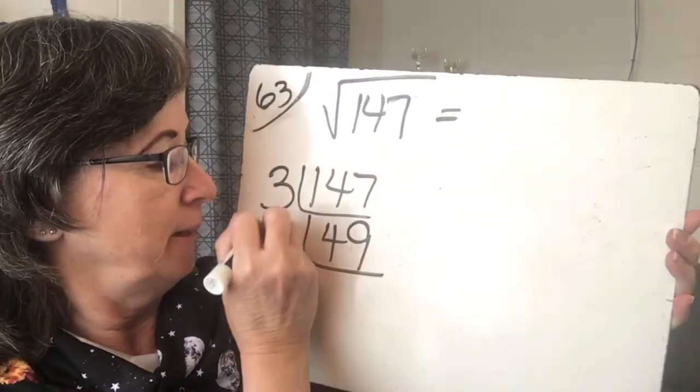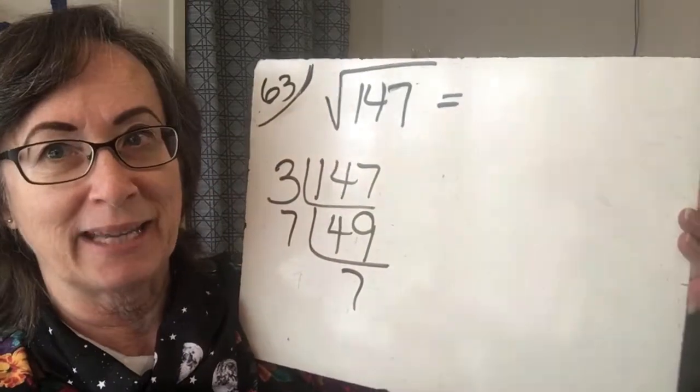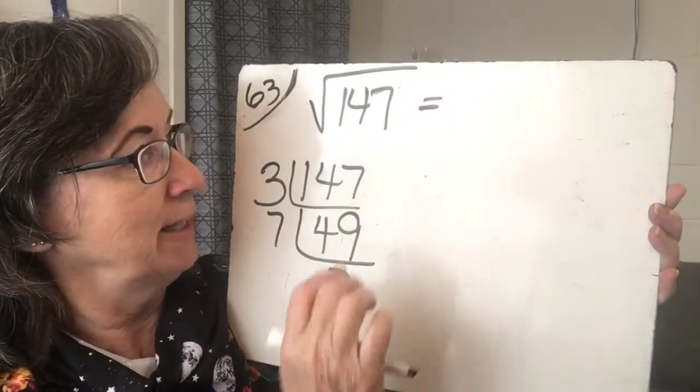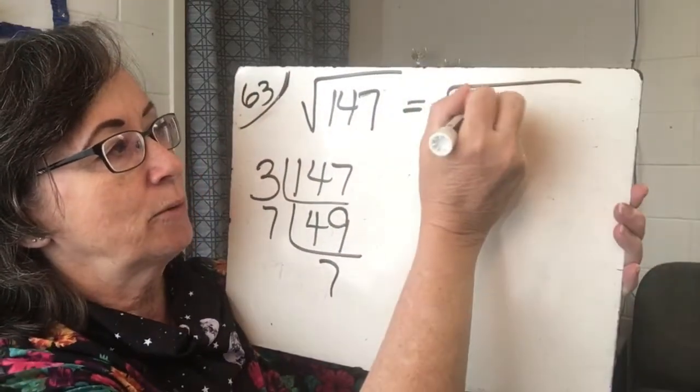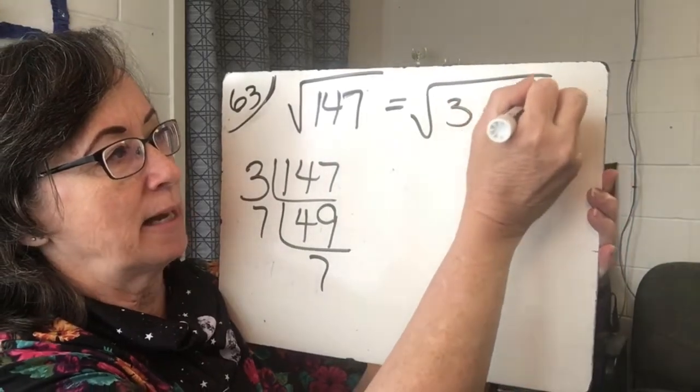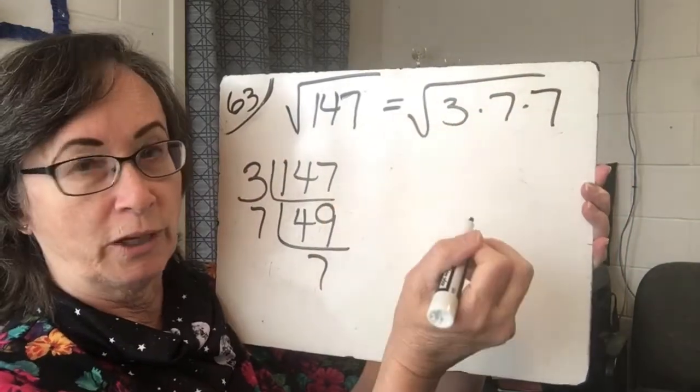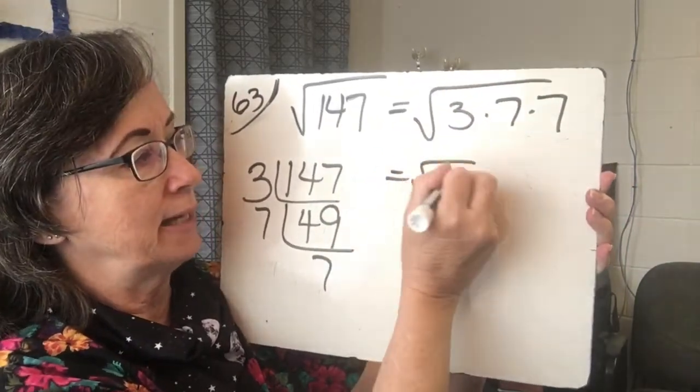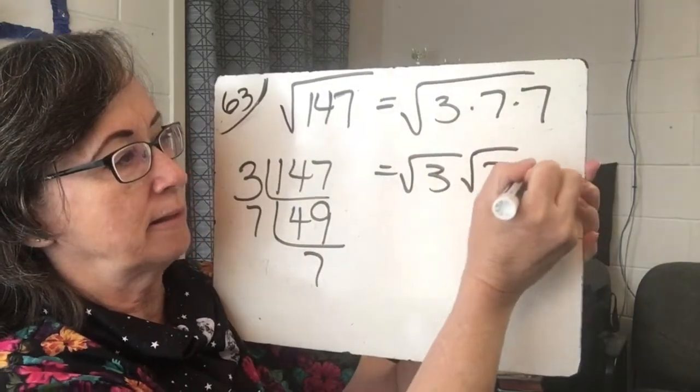But since we're doing it this way, we're going to go ahead and split it up into 3 and 7 and 7. So this is 3 times 7 times 7, which, according to our rule, we can split out into separate radicals.